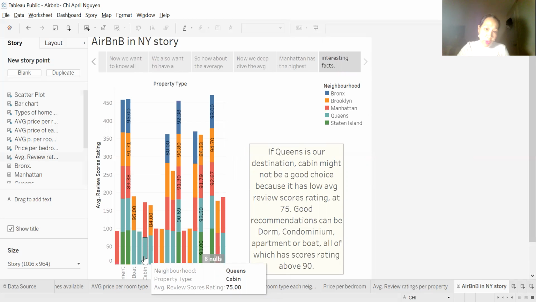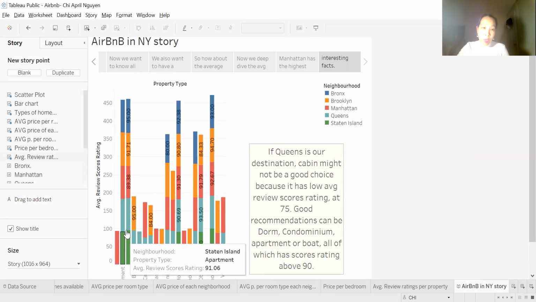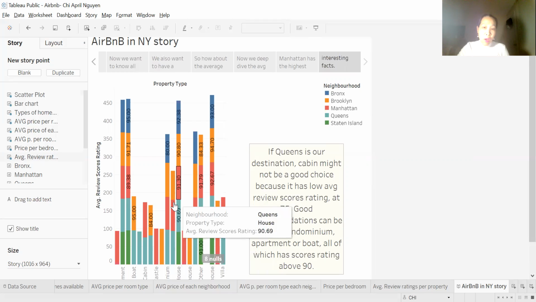The average review score rating is only 75, which is so low. So cabin might not be a good choice because of this low score. The good recommendations can be dorm, condo, or apartment, because all of them have score ratings above 90, which are considered high.